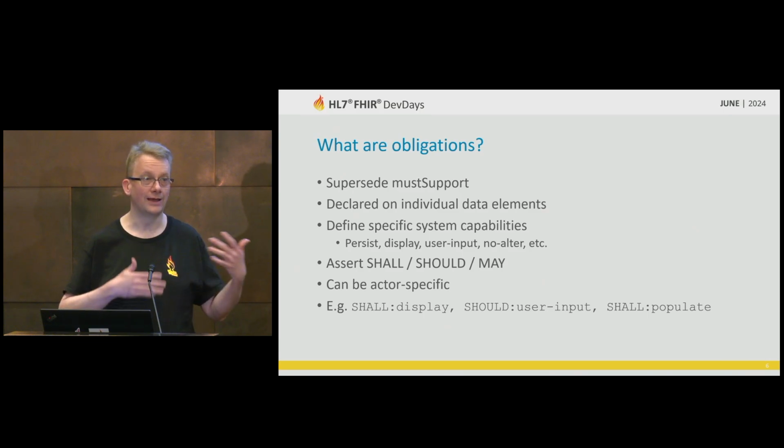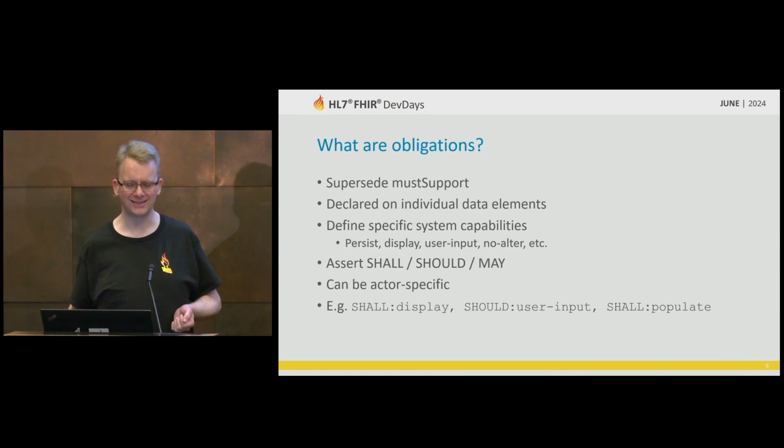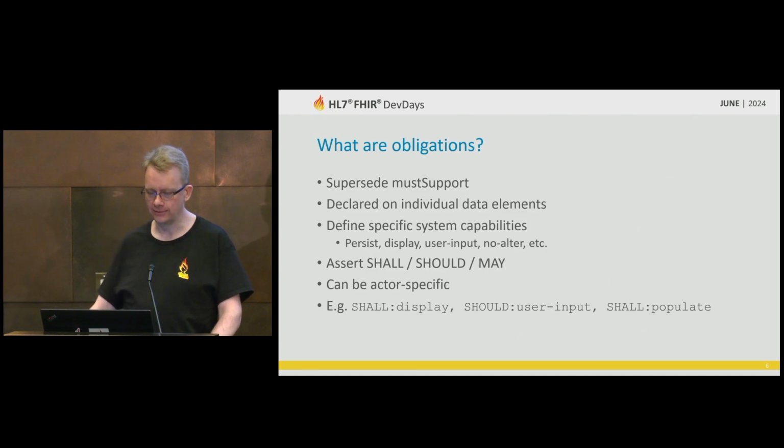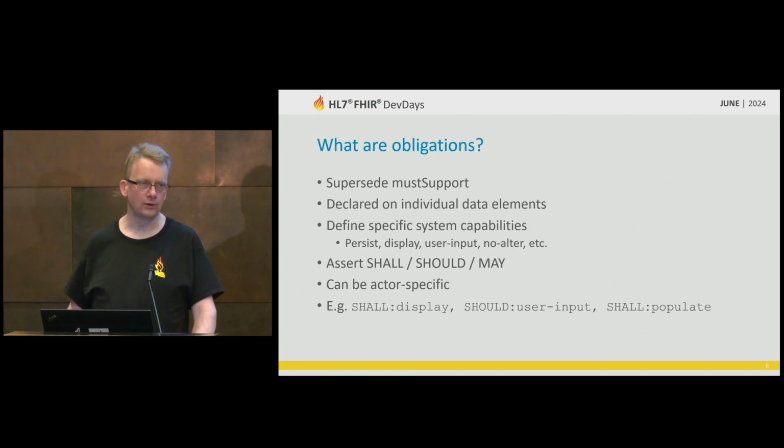And so the notion of I'd like to be able to automatically generate test cases, that doesn't happen when you have content that is in narrative. Obligations, on the other hand, are computable. They are very specific codes that say things like shall persist, or should display, or may allow user input, or shall not alter.